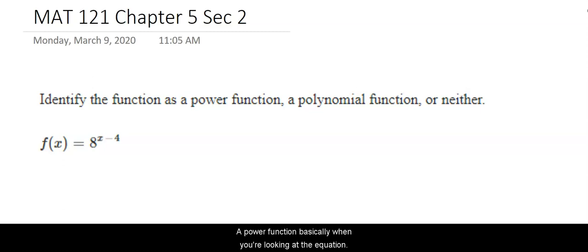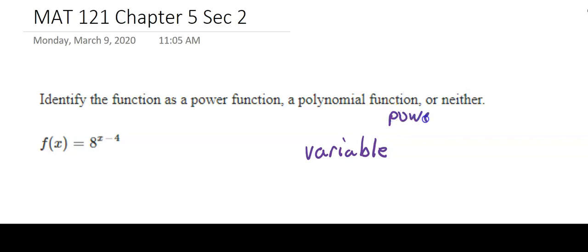A power function, basically, when you're looking at the equation, you're going to have the variable raised to some kind of power where the power is a number. It's a constant. If you don't have that, then it cannot be a power function.